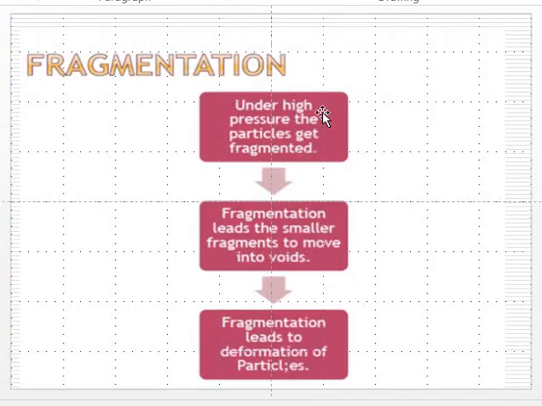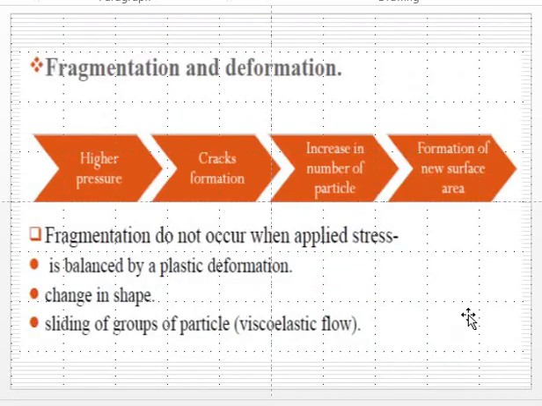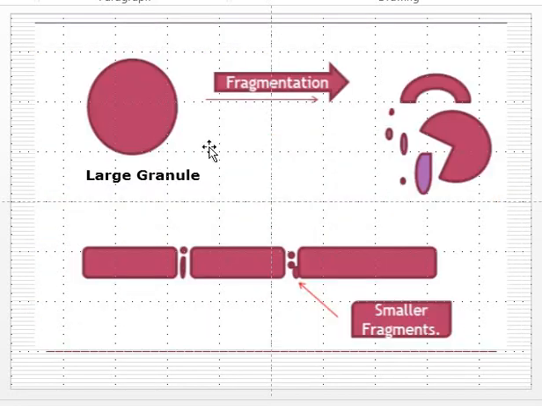Again, in short, fragmentation means we create small particles and provide compaction energy to them. Big particles get converted into small particles, and those small particles may get displaced, or they may acquire a position in the void gaps of the larger particles.